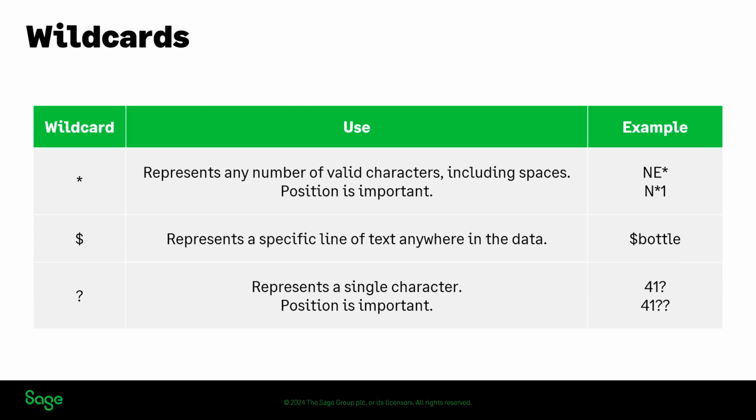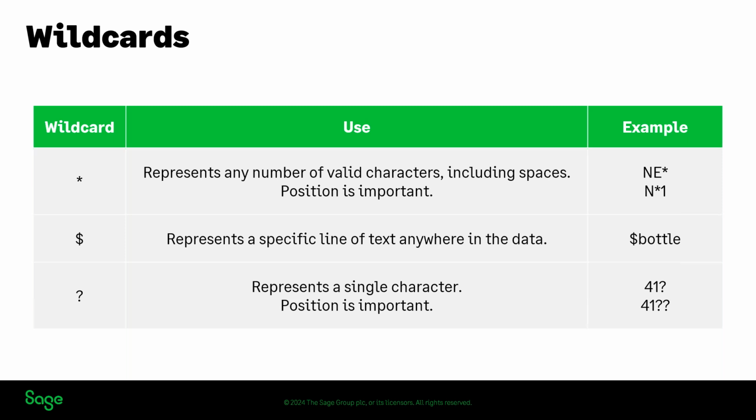It would be looking for 4-1, then another character, whether that's a digit or a letter, but it would only look for one. The second example would be looking for 2 characters. Not very useful, or not what I tend to find anyway, not very well used. Normally, if anything, it's probably just the asterisk or the dollar.